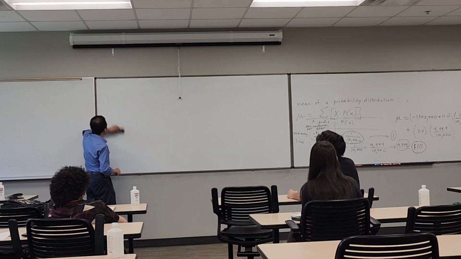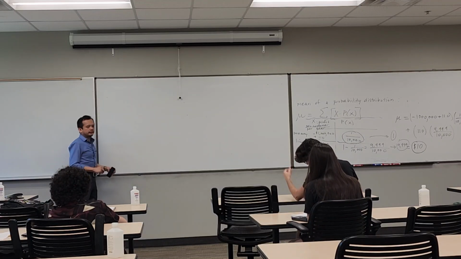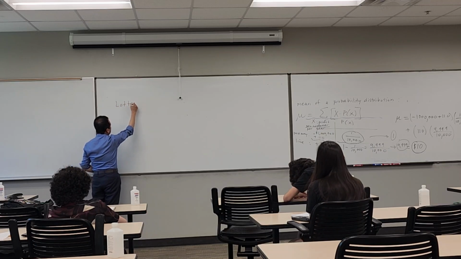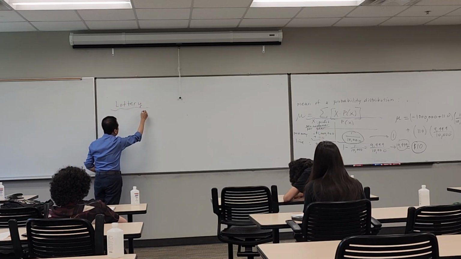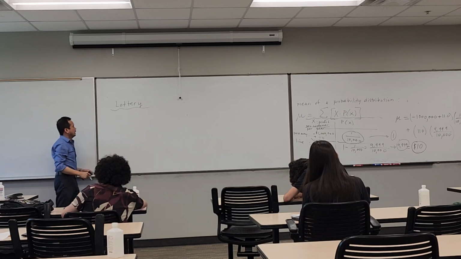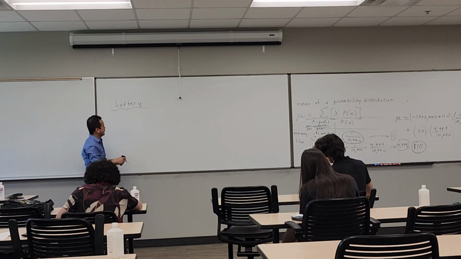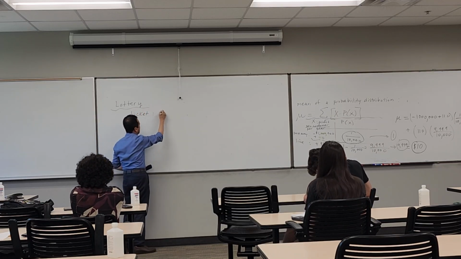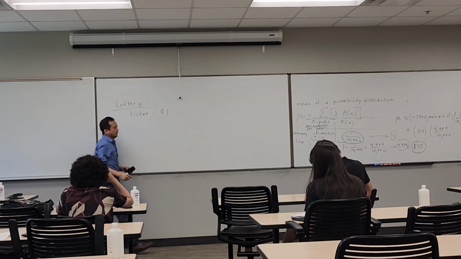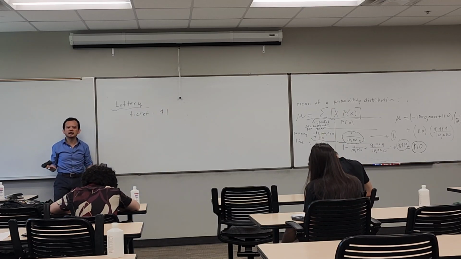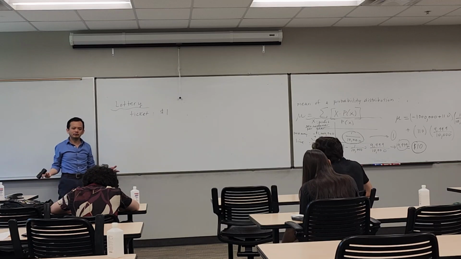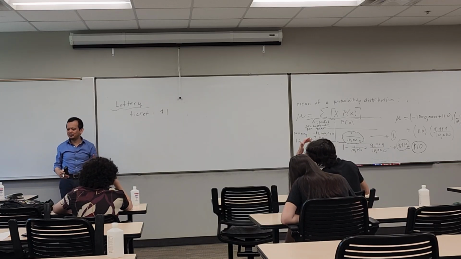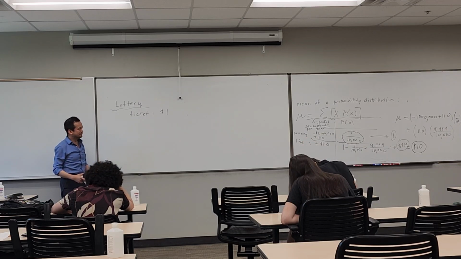So in the second example, let's say that we talk about the state lottery. And let's say it costs $1 a ticket. The lottery is often sponsored by state governments in order to raise money for the state, in order to pay for common things like education, presumably.